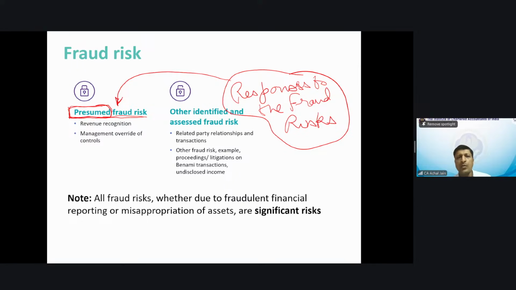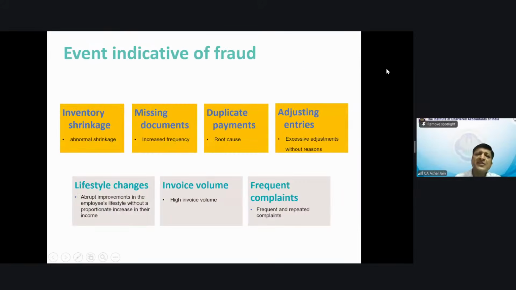Management has set up the controls over there. Now, a situation wherein the management is overriding its own controls can be extremely complicated for the auditor to handle. Yes or no? Yeah. So that's why some of the things which the auditor will have to plan. So that's all going to form part of the planning procedures in respect of audit.